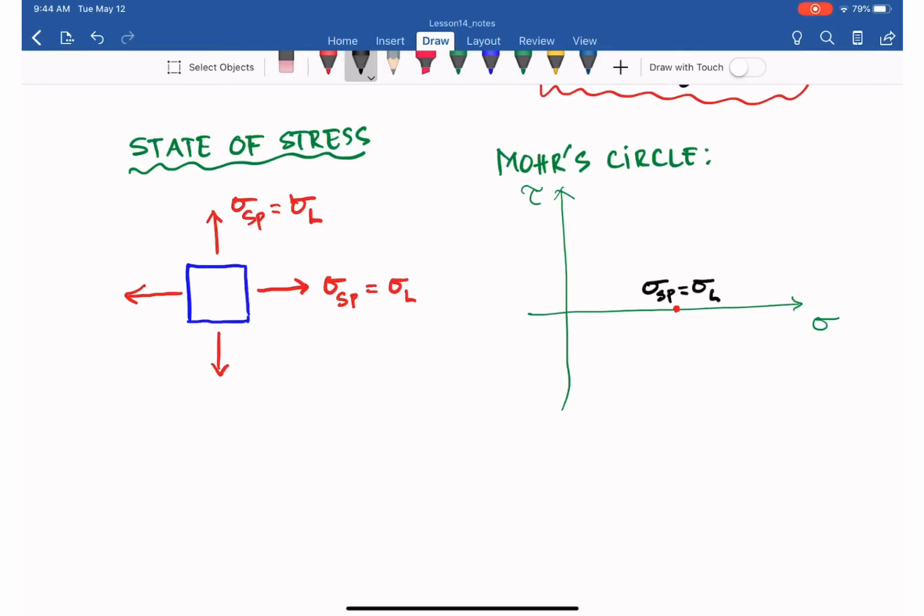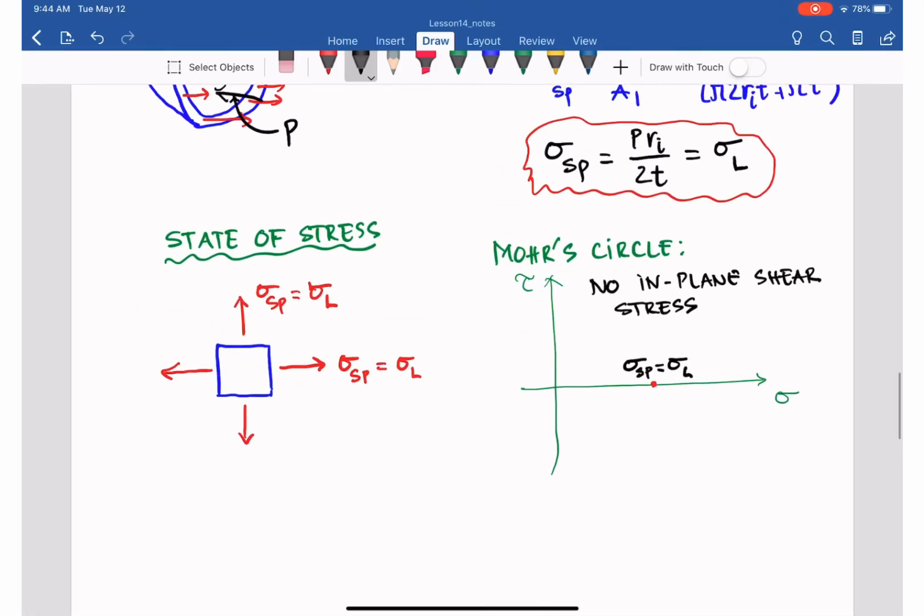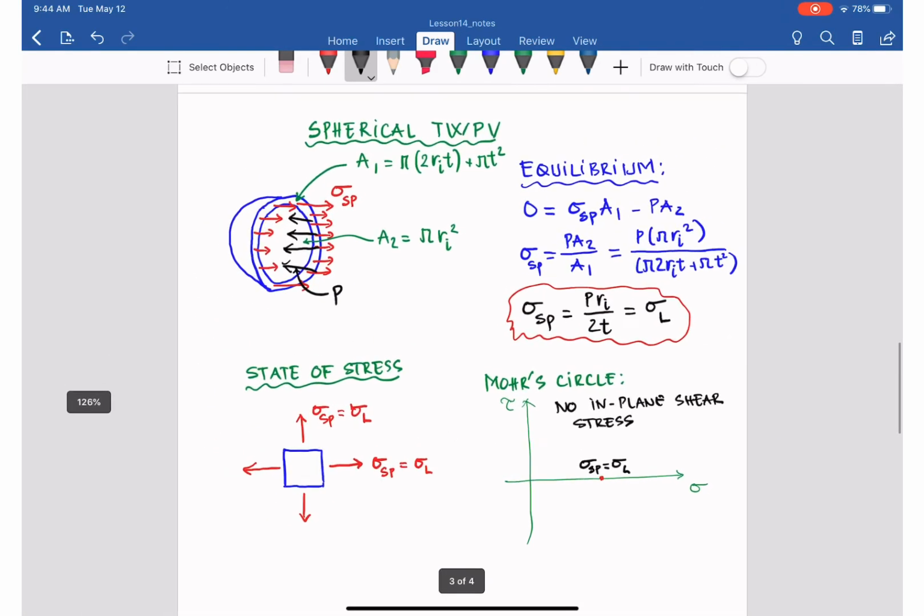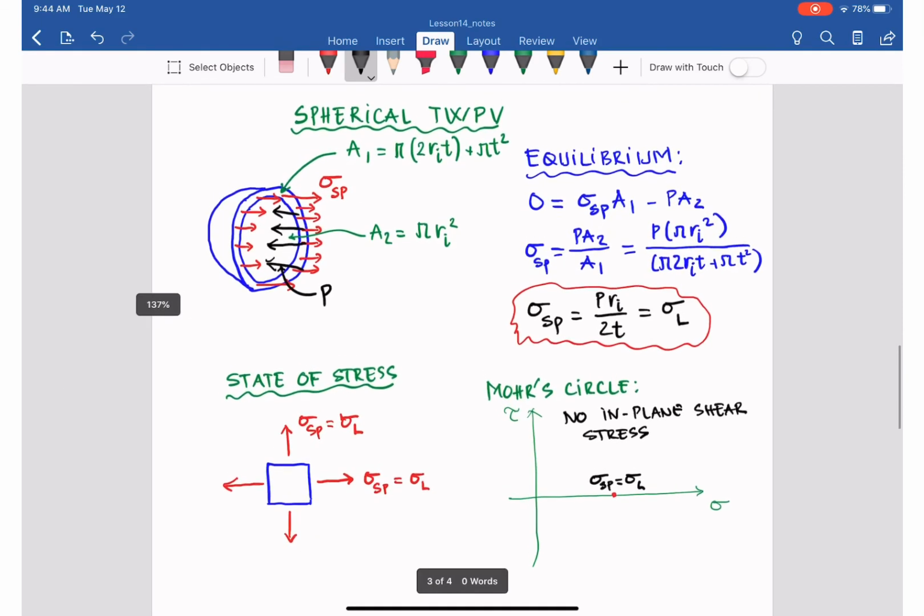What does that mean? The Mohr's circle is only 1 point instead of having a radius. It means that we have no in-plane shear stress for the sphere, and that's why the ideal design for a pressure tank is the spherical shape.